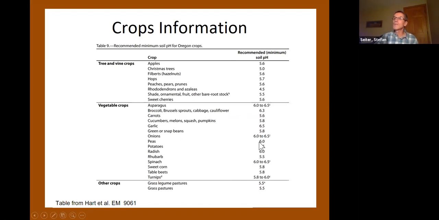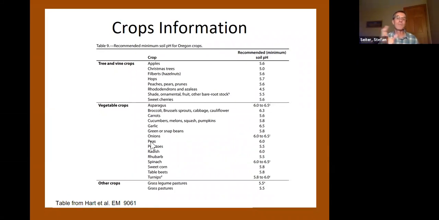Peas 6.0. With the legumes, peas and beans, I recommend always to apply a little bit of lime, because it helps with the nodulation. They can grow well in the 6.0, but you get a lot better nodulation. The nodules that fix the atmospheric nitrogen, you get a lot more of that if you have a higher pH.